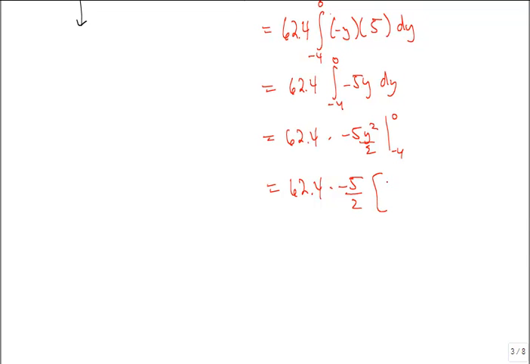When I plug in 0, 0 squared will be 0, but then I need to subtract from that the negative 4 plugged in. When you square a negative 4, that negative goes away and it'll just become positive 16, but it's being subtracted because we do the top bound minus the bottom bound. So this minus here and this minus here end up canceling out. This 0 goes away, and 62.4 times 5 halves times 16 is 2,496 pounds of fluid force.